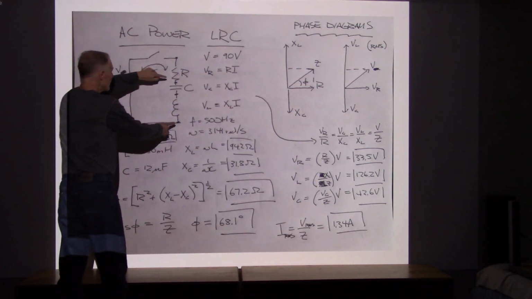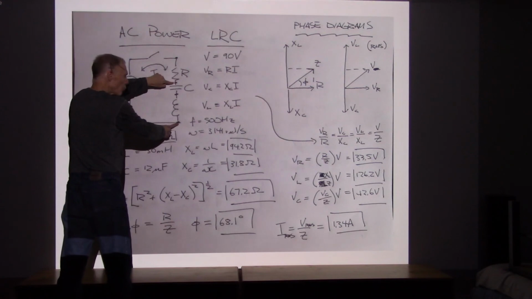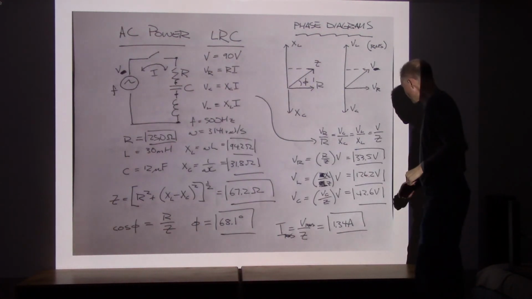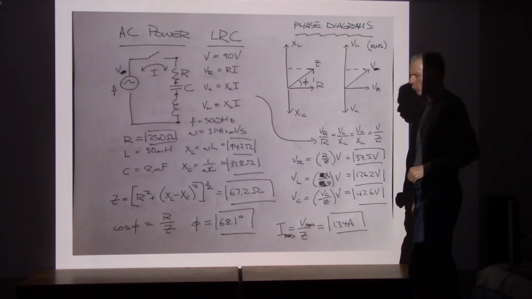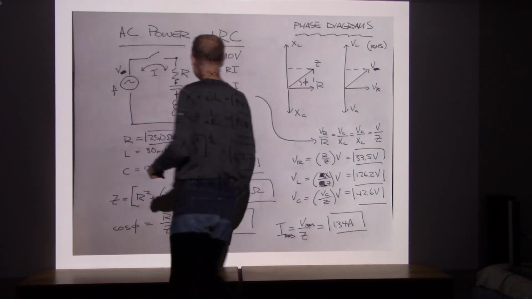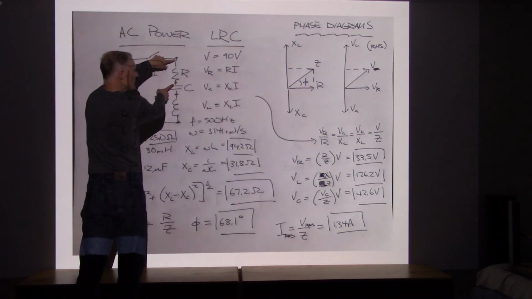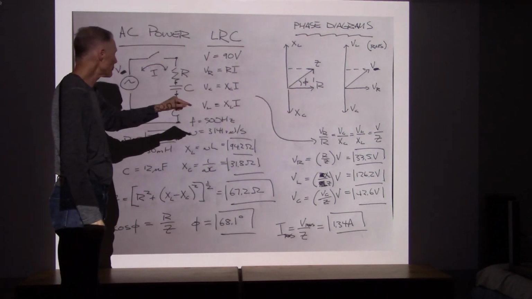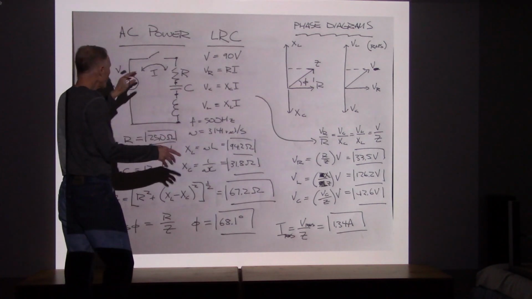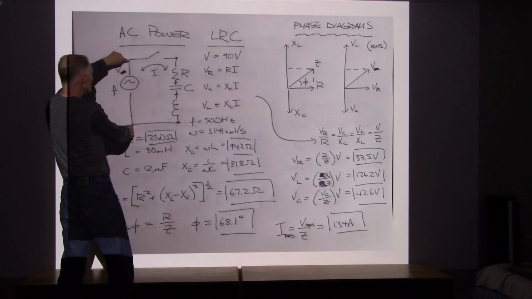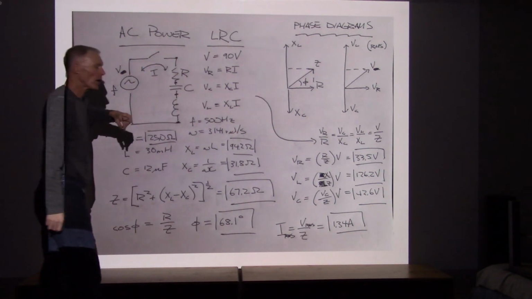If I put my voltmeter across both, it's going to read the difference, so something like 83, 84 volts. If I put my voltmeter across the resistor, that's going to read 33.5. If I put my voltmeter across all three, well, that's the same thing as putting the voltmeter across the power supply, and that's going to read 90.